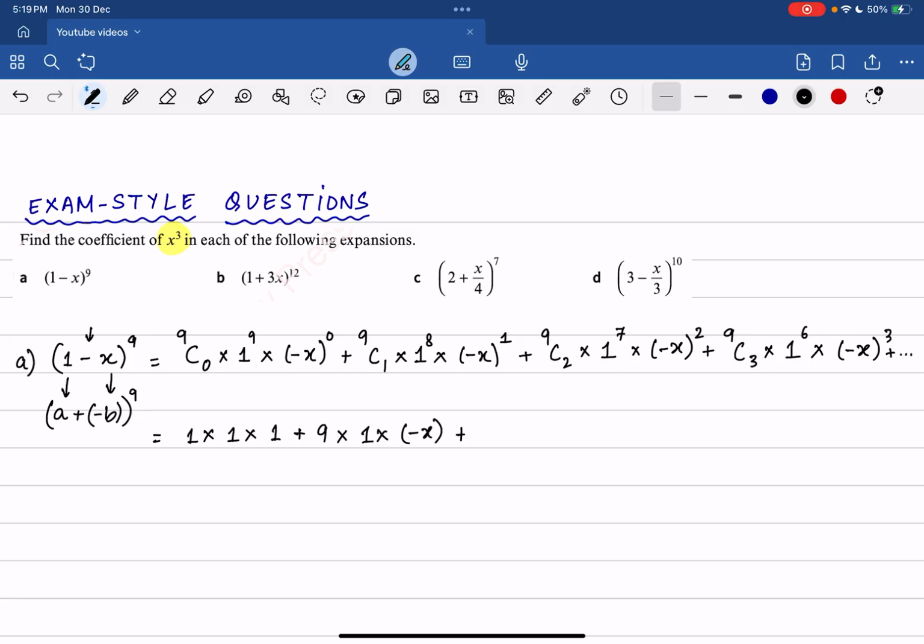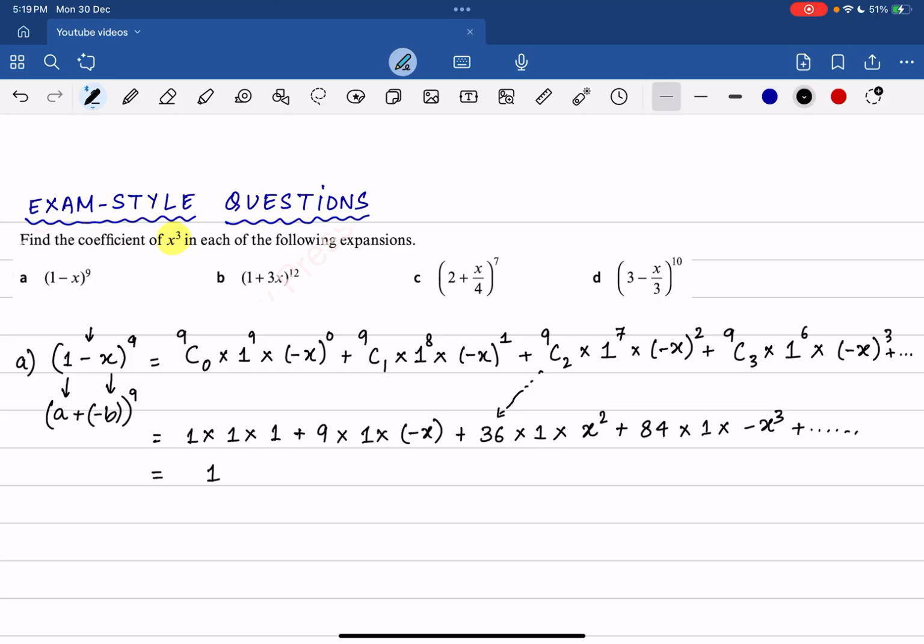When you do that, you get 36. 9c2 is 36, times 1 raised to 7 is 1 itself, and minus x squared will become plus x squared. Plus, if I go to 9c3, it gives me 84 times 1 times negative x cube, because the power is odd, which means the sign will be negative.